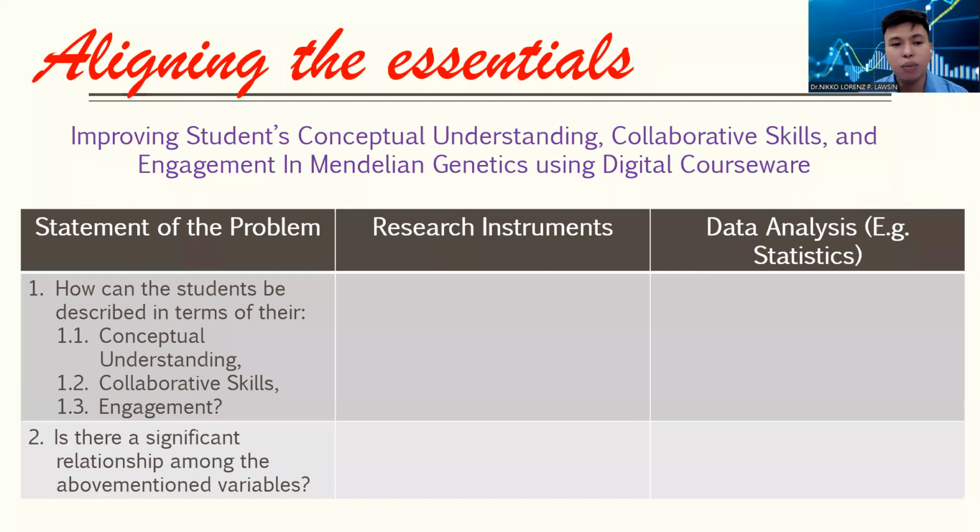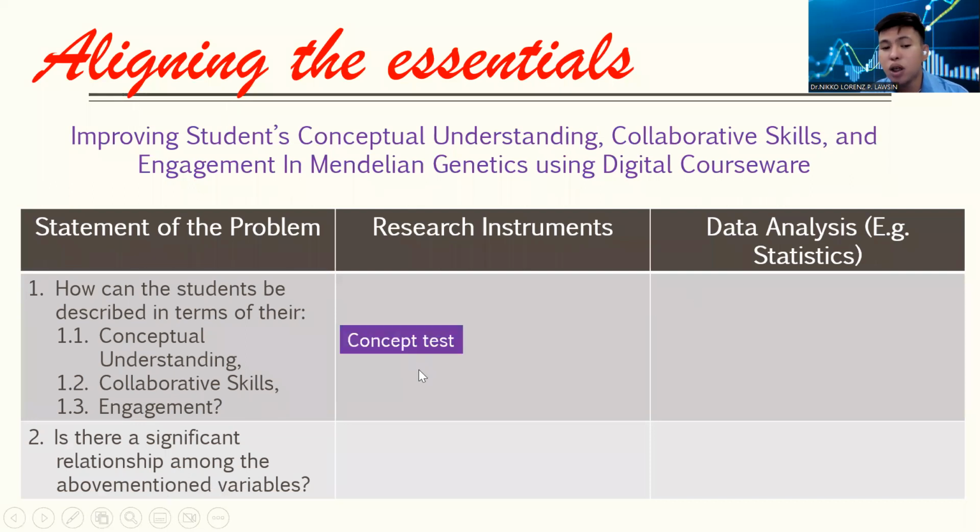Okay, so for example, the given topic is improving students' conceptual understanding, collaborative skills, and engagement in Mendelian genetics using digital courseware. So these are the problems: number one, how can the students be described in terms of their conceptual understanding, collaborative skills, and engagement? Number two, is there a significant relationship among the above-mentioned variables?